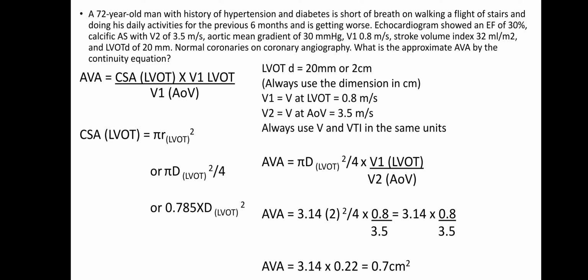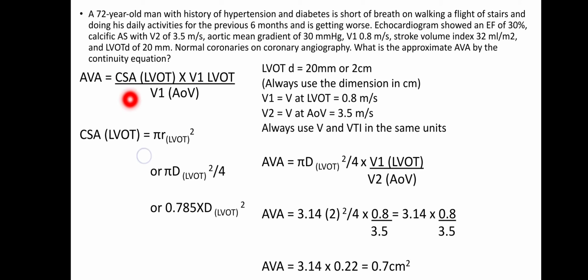Echo showed LVEF of 30%, calcific AS with V2, where V2 means velocity at the aortic valve, of 3.5 meters per second, aortic mean gradient of 30 millimeters of mercury, V1, meaning velocity at the LVOT, of 0.8 meters per second, stroke volume index of 32, and LVOT diameter of 20 millimeters. Coronary angiography is normal. What is the approximate aortic valve area by the continuity equation?